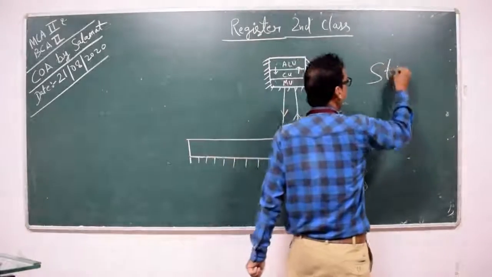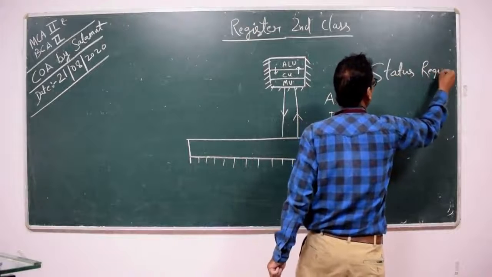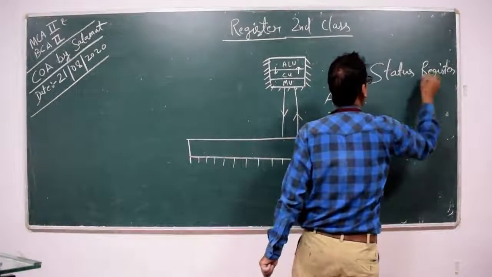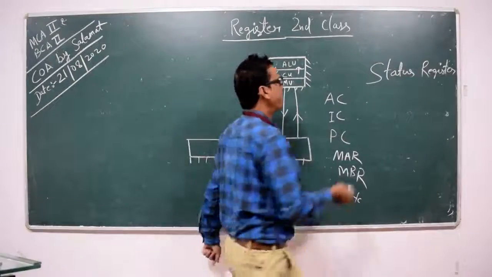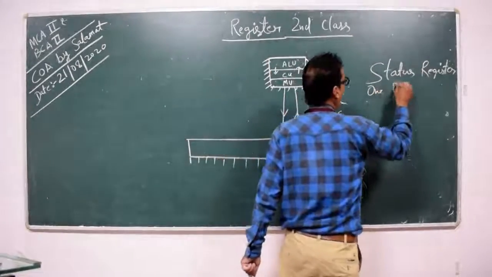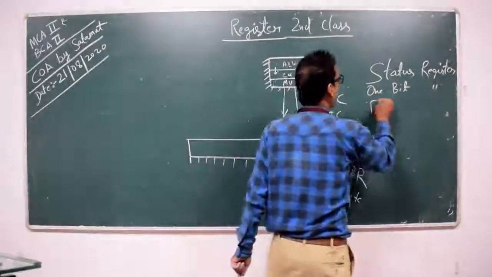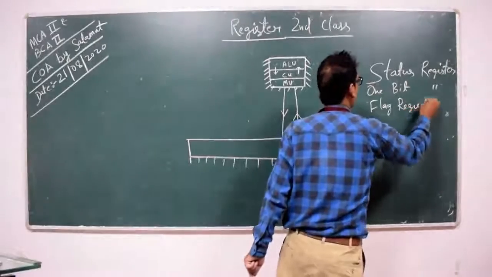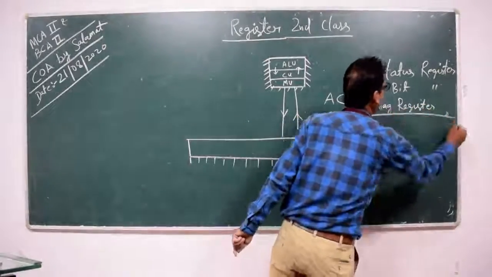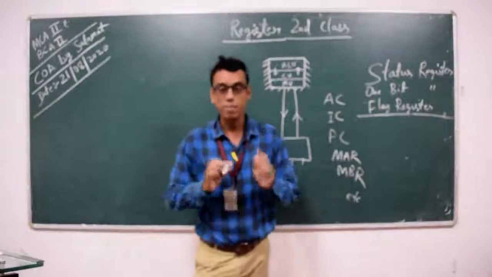It is known as status register. It is also known as 1-bit register. It is also known as flag register. There are various flag registers available inside the microprocessor.